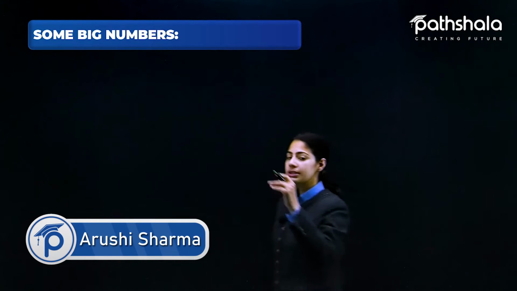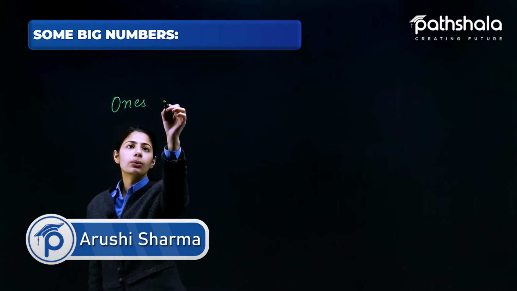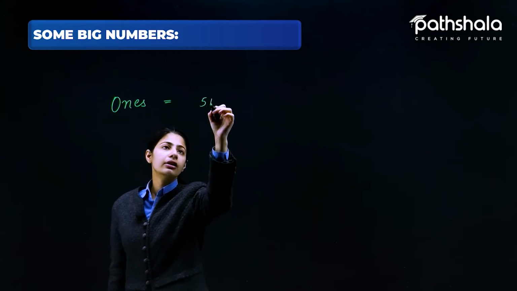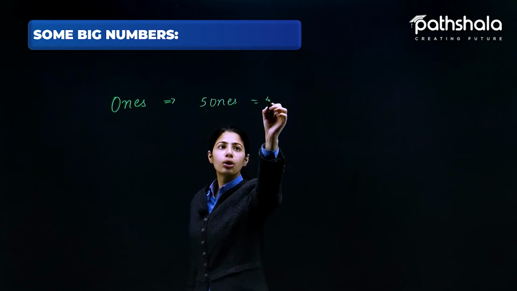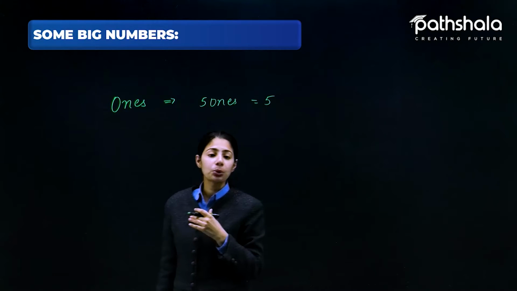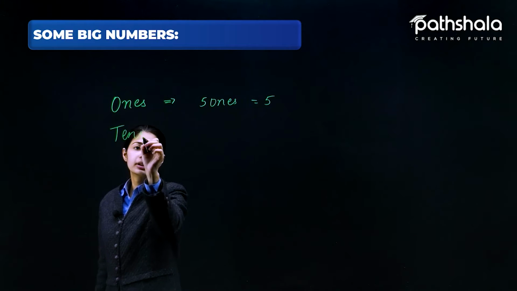Numbers. So starting from ones, ones means simply a number. For example, if I say 5 ones, so 5 ones means only 5, 9 ones means only 9, 8 ones only 8. So after ones comes tens.